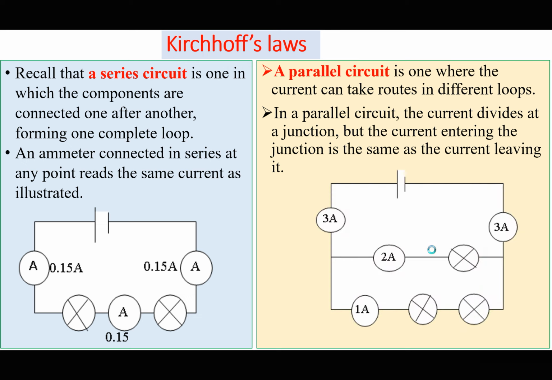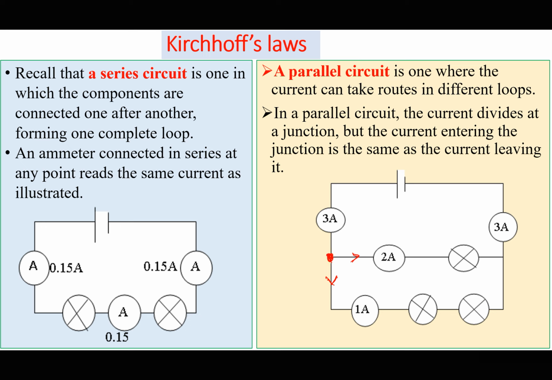So if we consider a circuit like this one, which has bulbs joined in parallel, a current of 3 amperes, say from the battery, reaches a junction, and we expect that the charges split at this point. Maybe some charges take that path and other charges take that path.